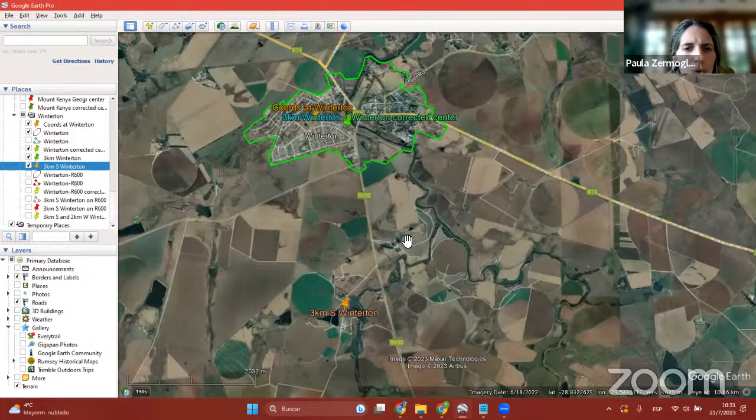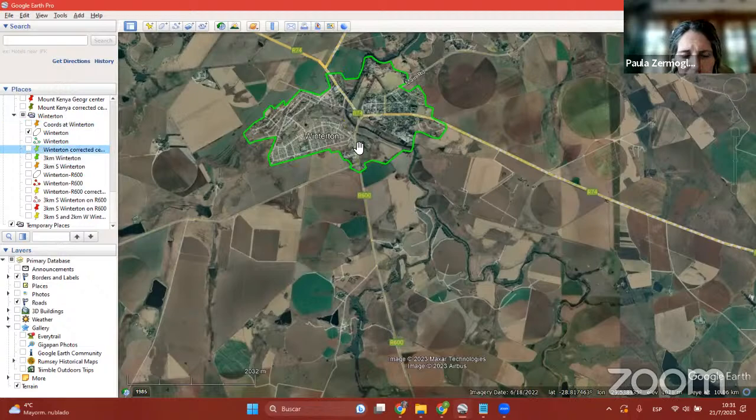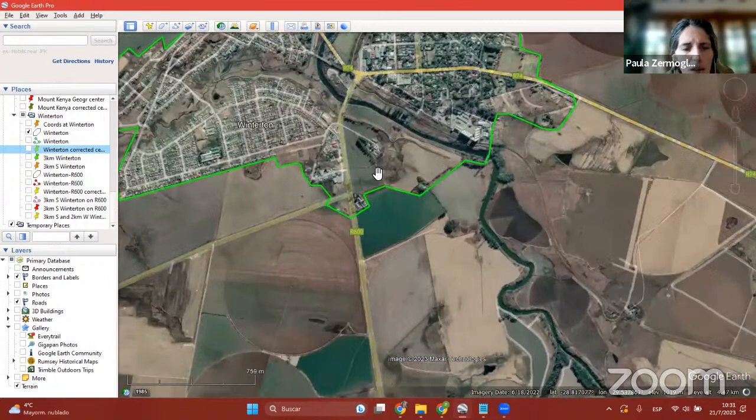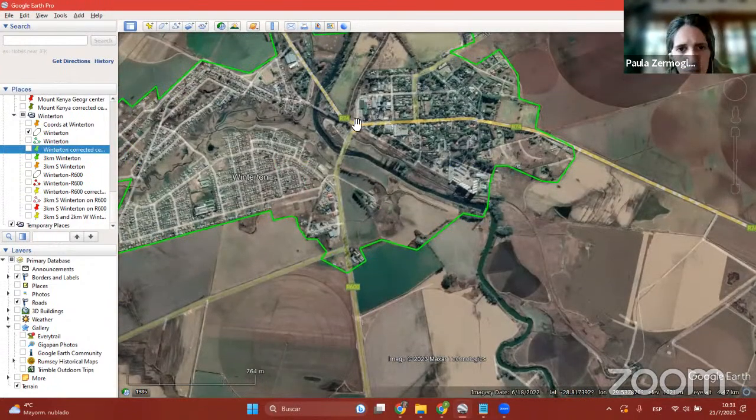So the way in which we georeference this has a couple of steps that we need to follow. So I'm going to not show this so that we're not confused. I will keep the polygon though for Winterton, and I will go into here, and we will see that R600 has a part that is inside the town.